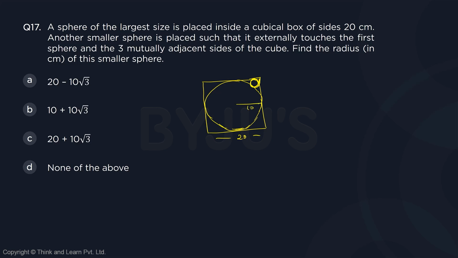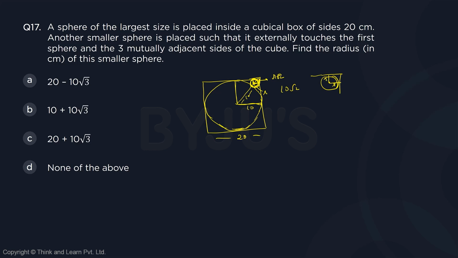So what logic I can use here is, from this to this will be 10 root 2. From this to this we have 10. If this is r, now this is again like this, right? So this gives you r root 2, because the smaller part is also like this, isn't it?